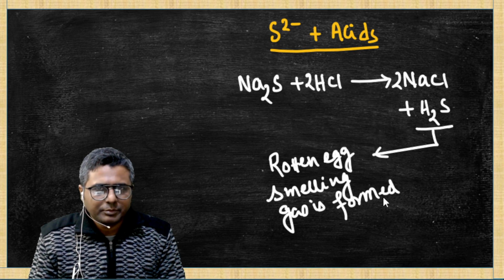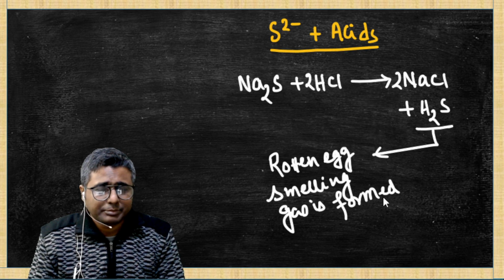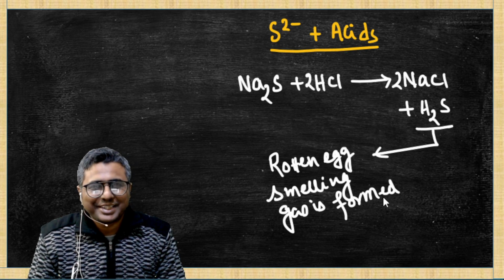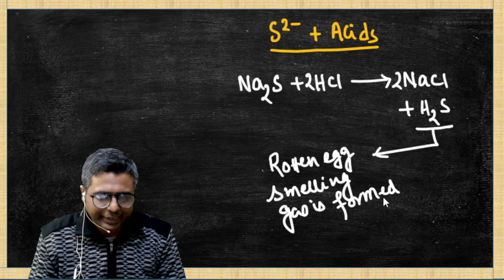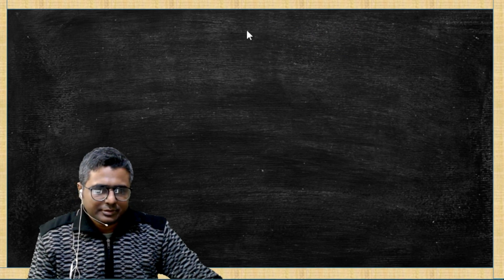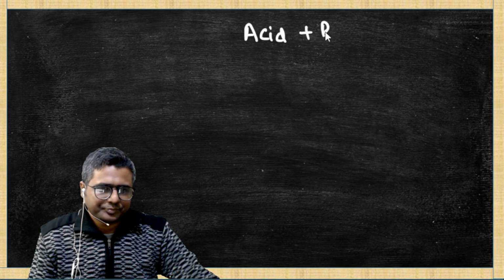So that is almost all the reactions of acids except the basic reaction of acid, that is acid plus base gives salt plus water. So we are going to do just one reaction for that, for the sake of acid plus base.